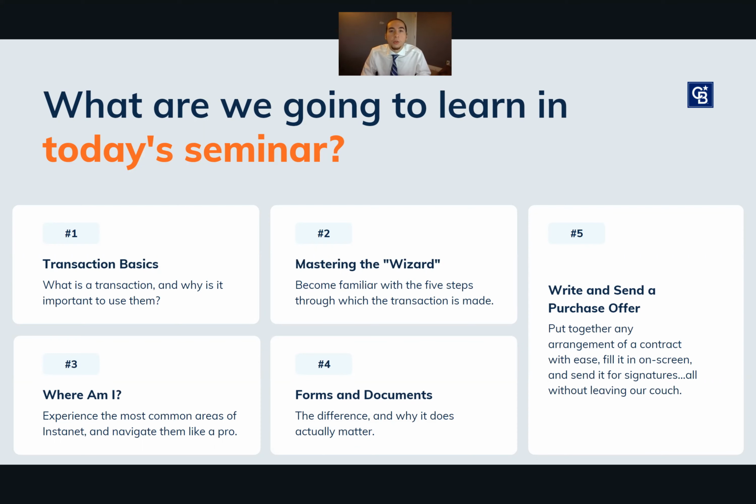We're also going to get into a lot of navigation, because there are various screens that you're going to find yourself on, and they are all within Instanet, but they might look a little bit different. Buttons might be in different places depending on what screen you're on. So we're going to go over where we are at all times and always know how to get back to a place that's familiar no matter where we are.